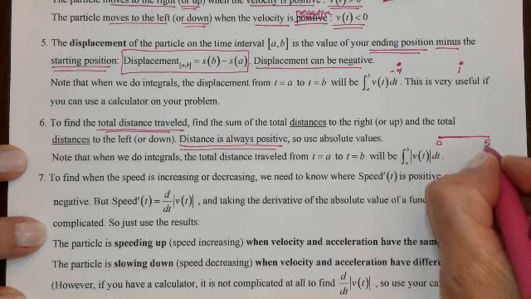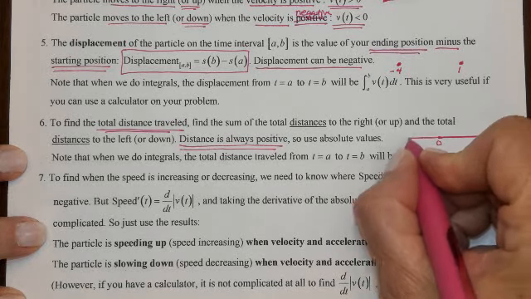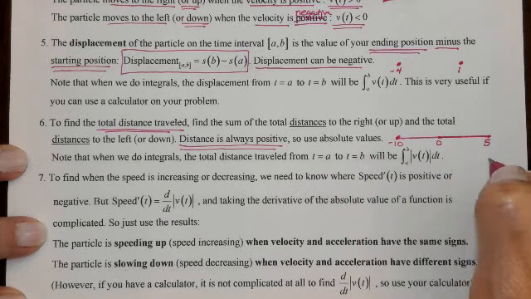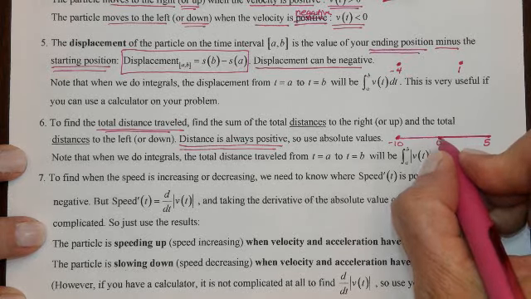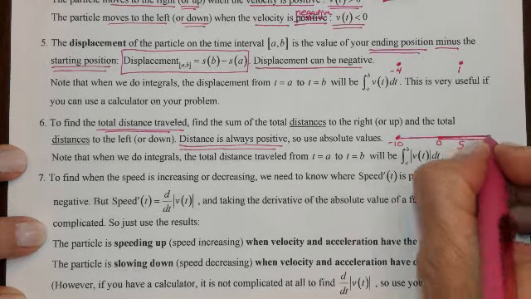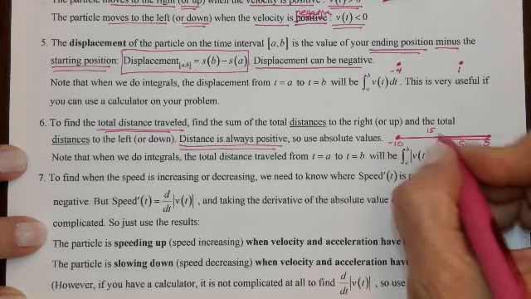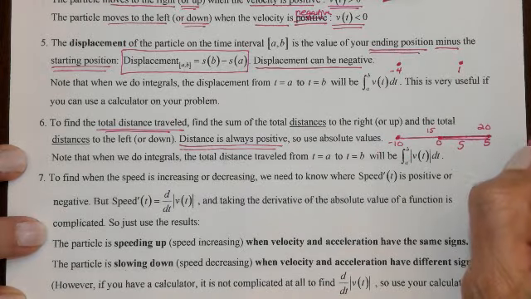You go over to x equals 5 on the right, and then you come back and you end over here at -10. What was your total distance traveled? Well, you went from 0 to 5, so that was 5 units, and then you went from 5 to -10, and that was 15 units. So your total distance traveled there would be 20. That's how you find the total distance traveled.